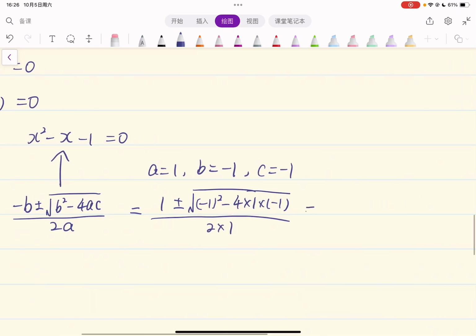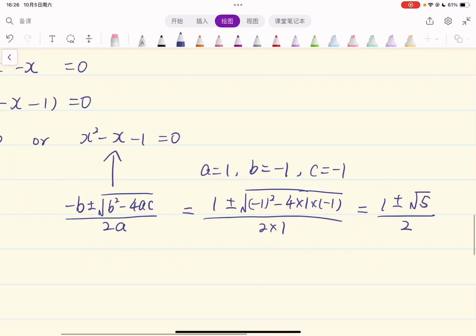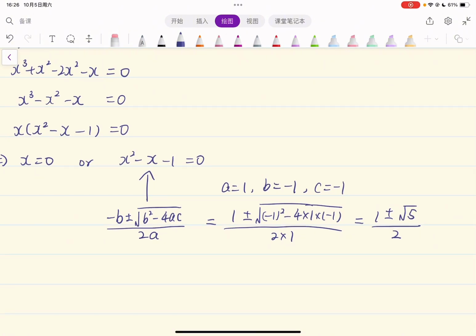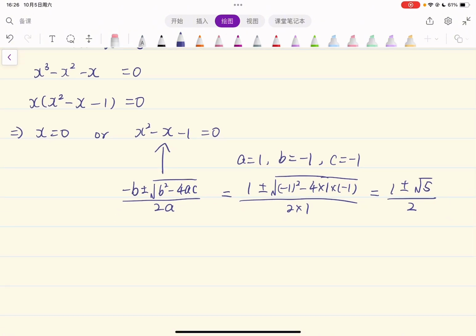We have 1 plus or minus the square root of 5, over 2. So we have 2 solutions of this quadratic equation: x equals (1 plus square root of 5) over 2, and x equals (1 minus square root of 5) over 2.